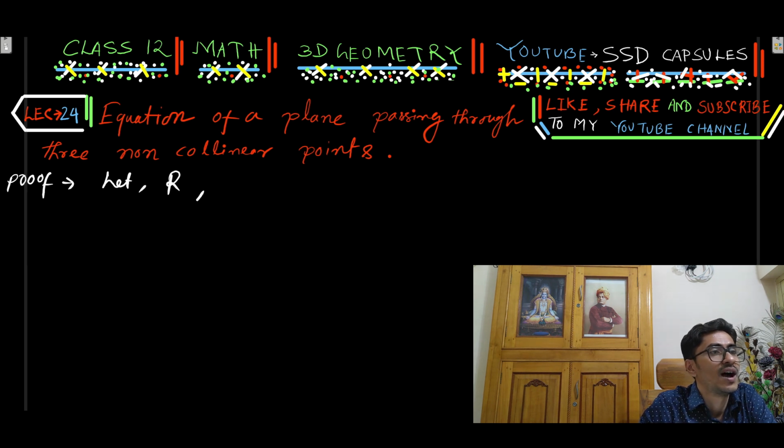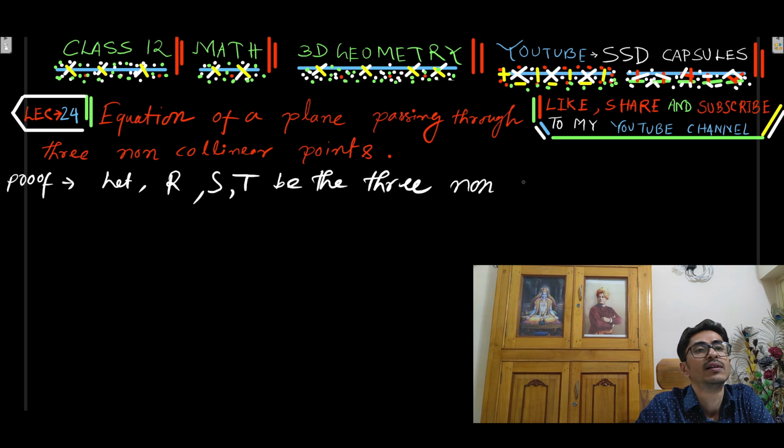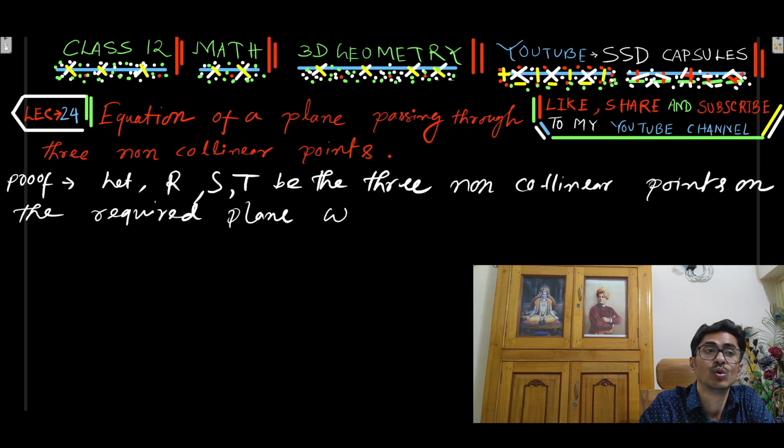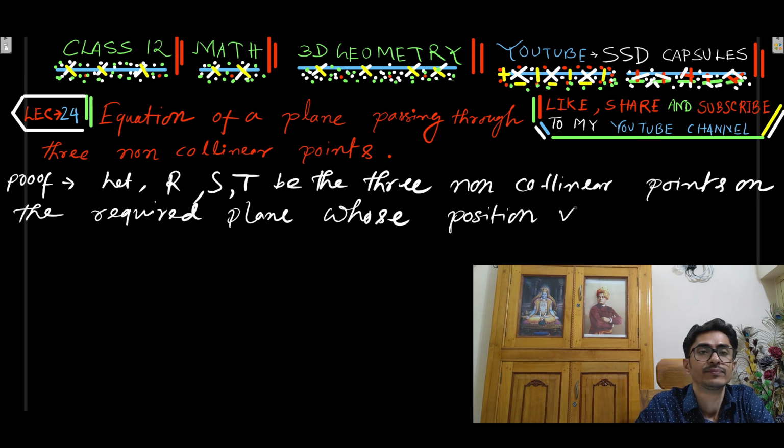Let R, S, T be the three non-collinear points on the required plane whose position vectors are a vector, b vector, c vector.